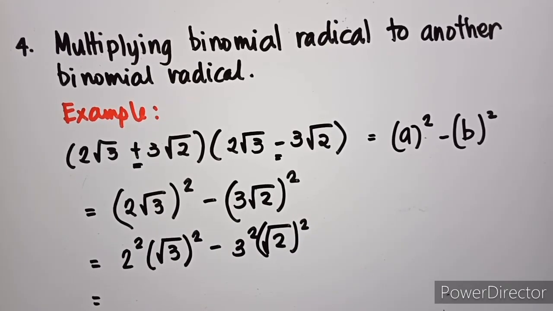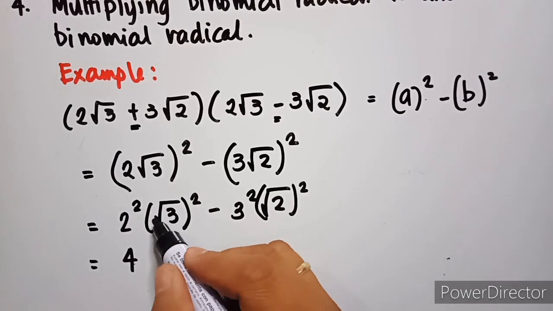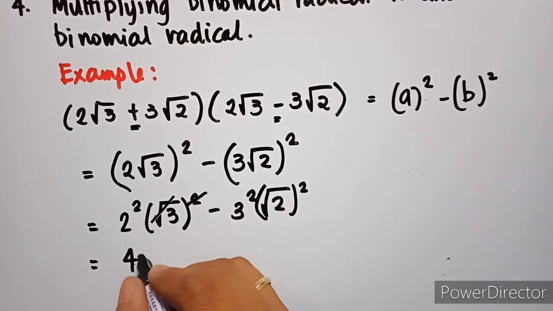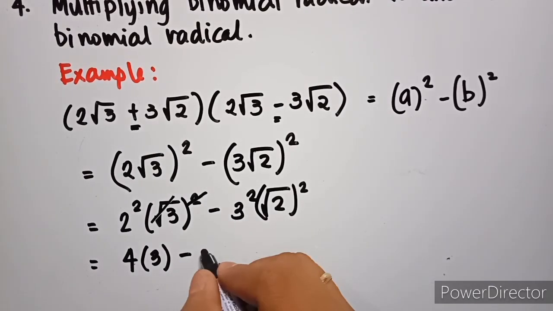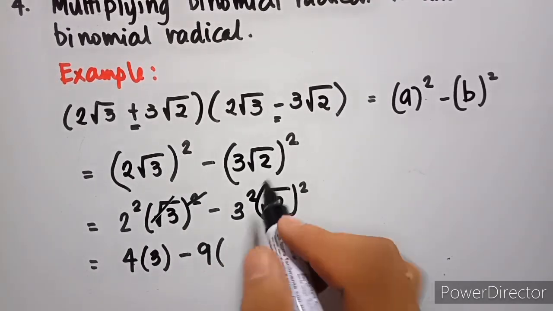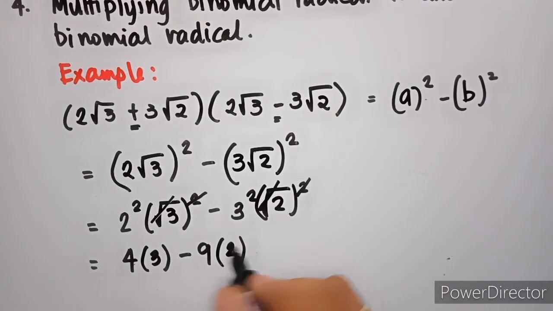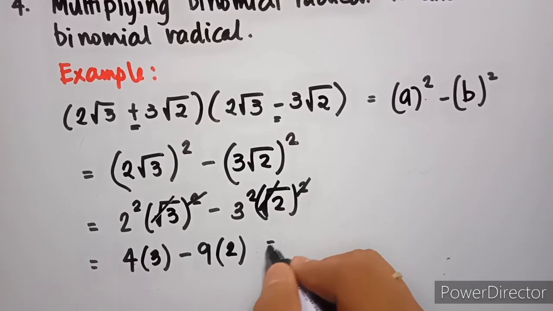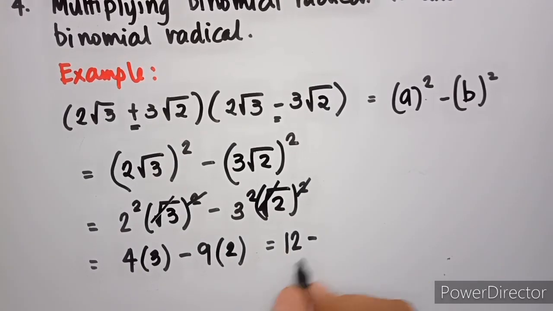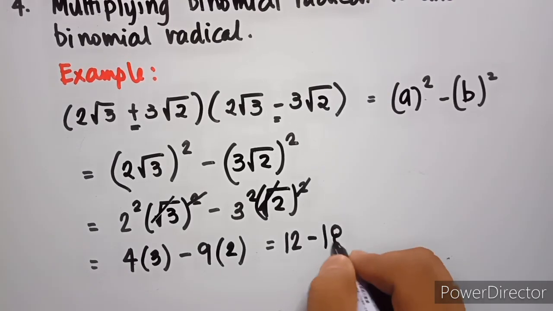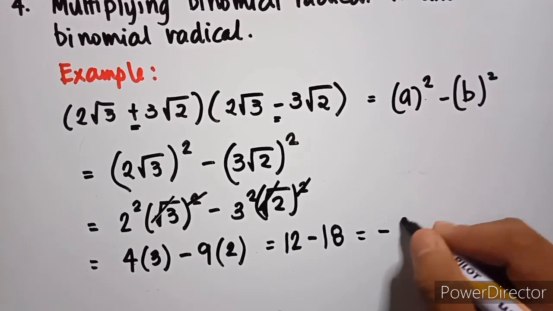This is equal to 2 times 2 is 4, then cancel the square root and 2, so times 3, minus 3 squared is 9 times, cancel yung square root at saka yung 2, 2. So this is equal to 4 times 3 is 12 minus 9 times 2 is 18. So 12 minus 18, the answer is negative 6.